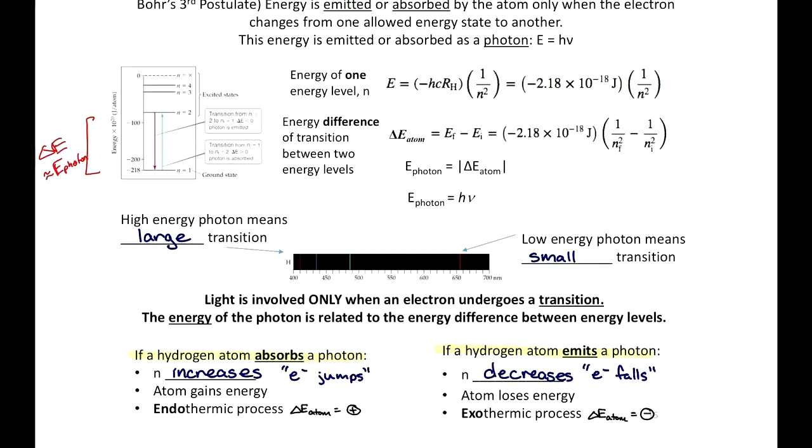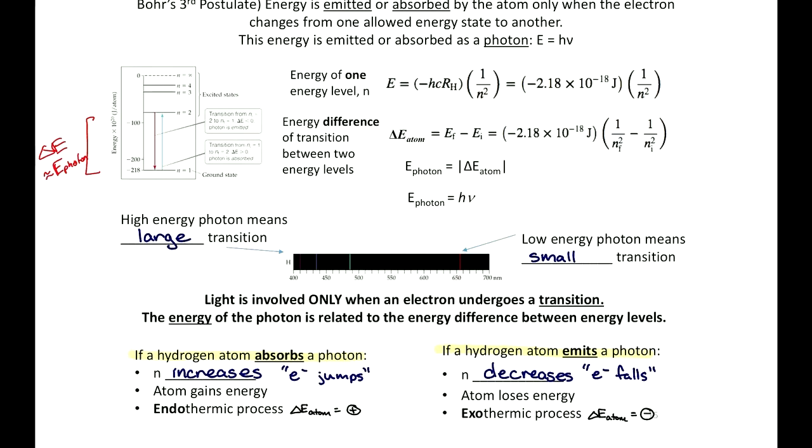Just replace the word heat with photon. Photon is pure energy. It's light energy. So in an exothermic combustion reaction, heat is released. But in an exothermic reaction involving light, light is released instead of heat. All right, and so that's the big difference.